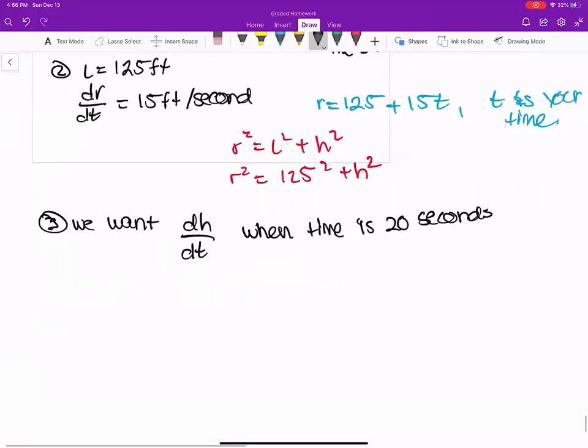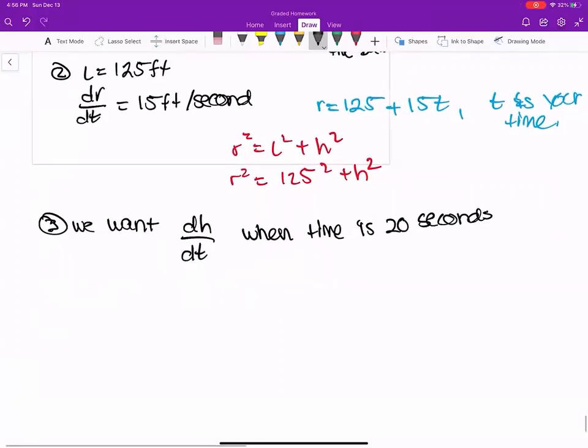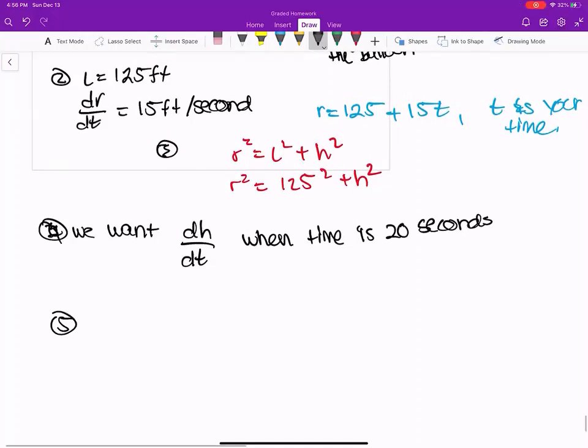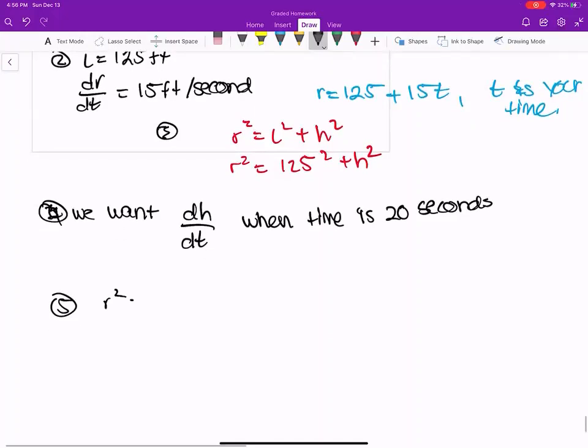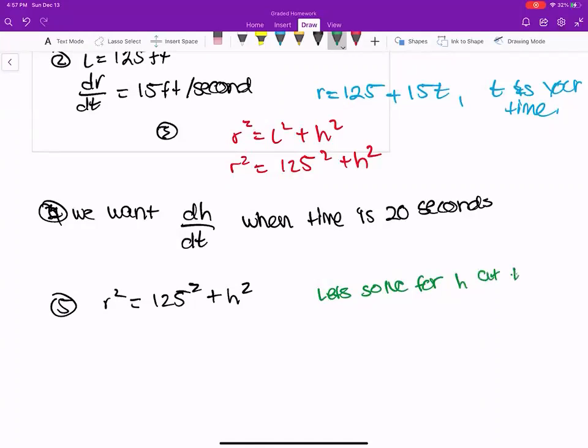Let's go to step 5. So r squared equals 125 squared plus h squared. So first let's solve for h at t equals 20.